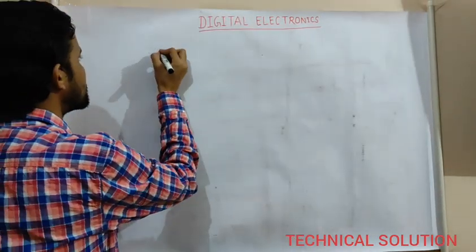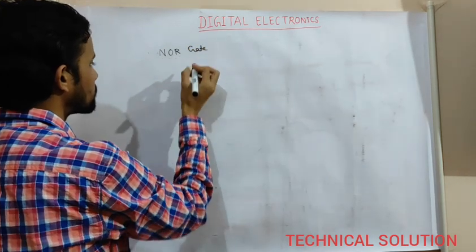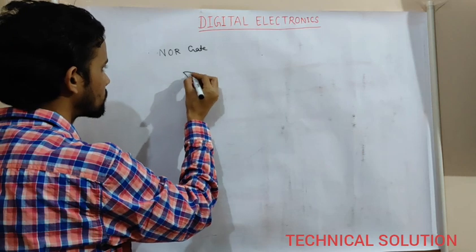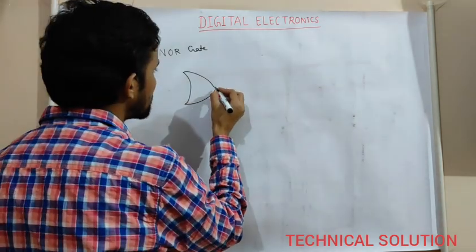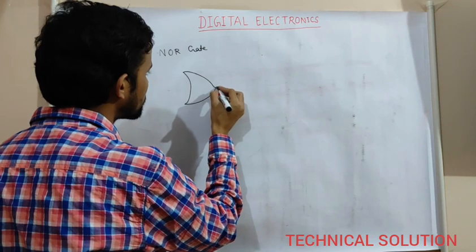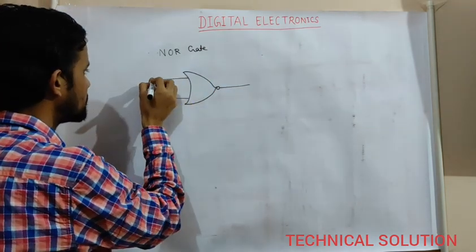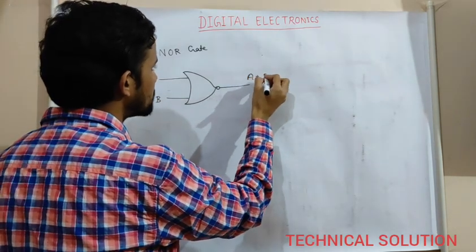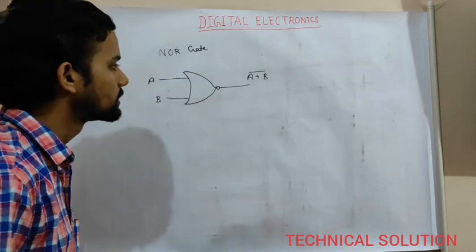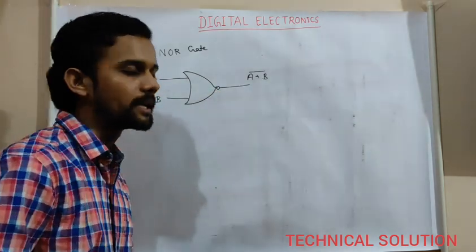And the next basic gate is NOR gate. If you put a bubble here, then it will become a NOR gate. That is, this is A plus B whole bar. This bubble is the representation of an inverter.